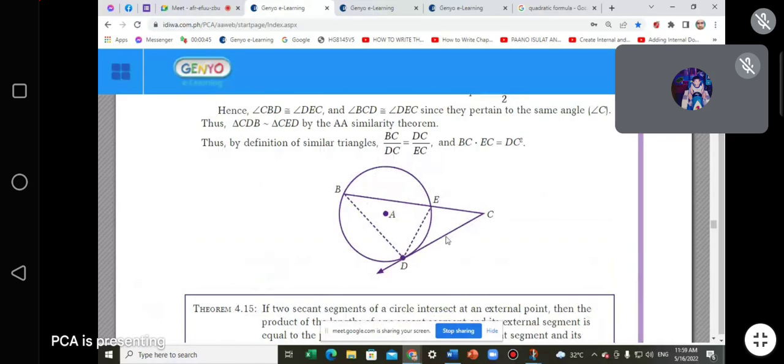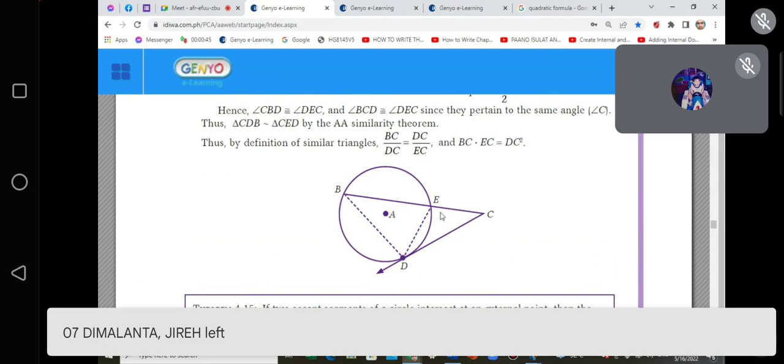So this one is clear. This is the tangent segment. If this is DC being squared, then the multiplication of the external secant segment, which is EC, this one. And then from point B to C is of course the whole segment of the secant.